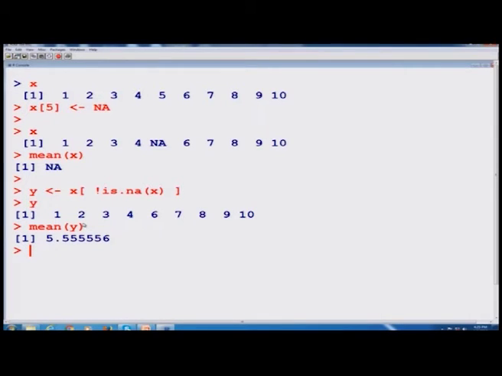Well, in case you have some practice, then all these operations can be written in a single line. For example, I can find out the mean of all those values which are not missing, like this. You can get the same value.